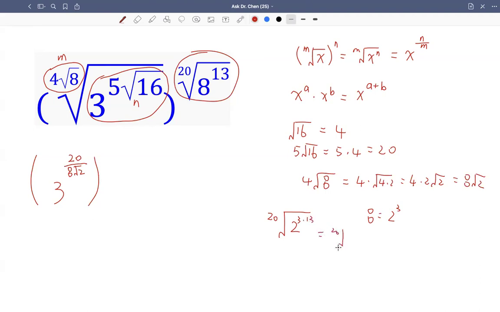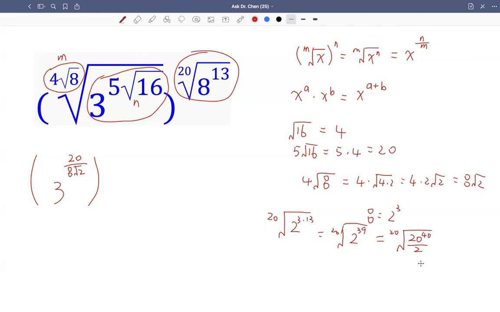So that's the 20th root of 2 raised by 39. Right? 39. Now I can rewrite, because you see here, I have in the denominator the square root of 2. So here I can do this.